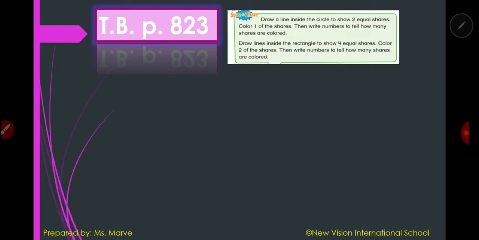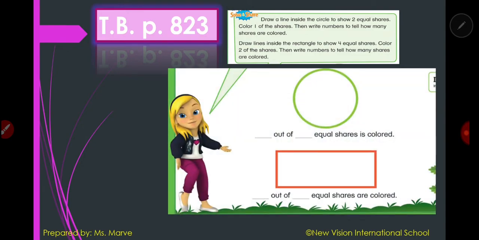Color one of the shares. Then write numbers to tell how many shares are colored. Another one is that you are going to draw lines inside the rectangle to show four equal shares. Then you will color two of the shares. Write numbers to tell how many shares are colored.